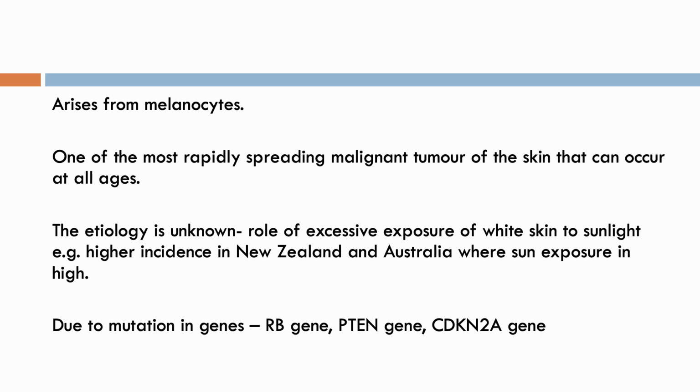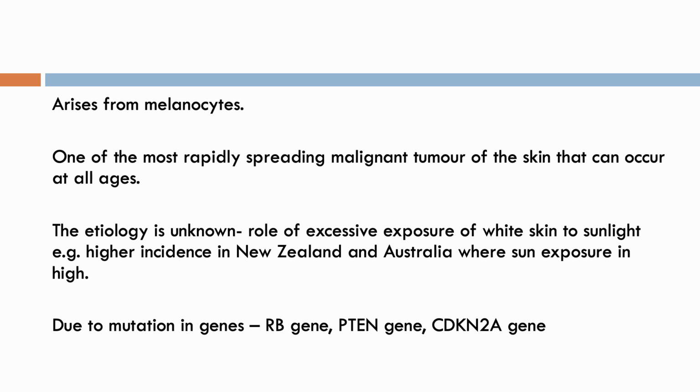Role of excessive exposure of white skin to sunlight, for example, higher incidence in New Zealand and Australia where the sun exposure is high. Then due to mutation in certain genes like RB gene, PTEN gene and CDKN2A gene.